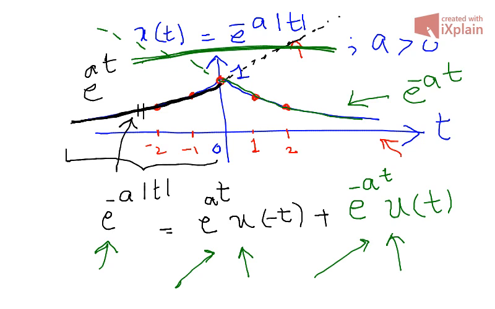Because this would make our integral easy, because we have to compute x of j omega. So let me rewrite it now on a fresh page.